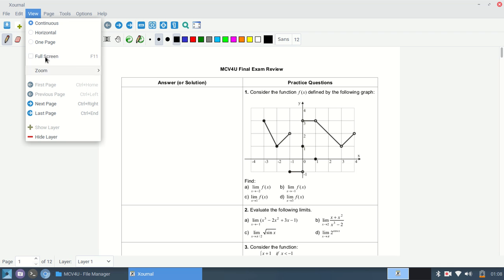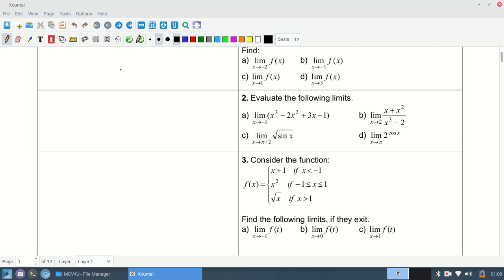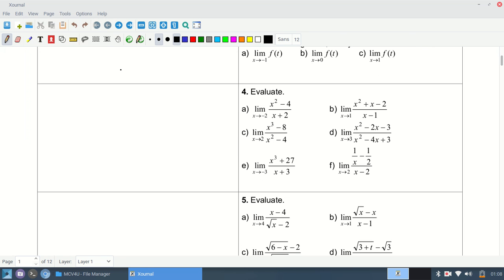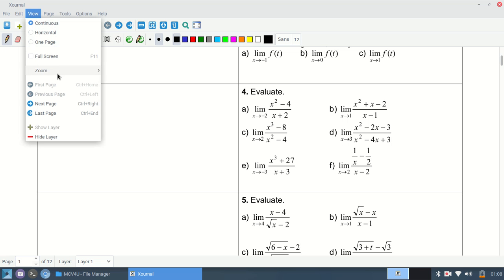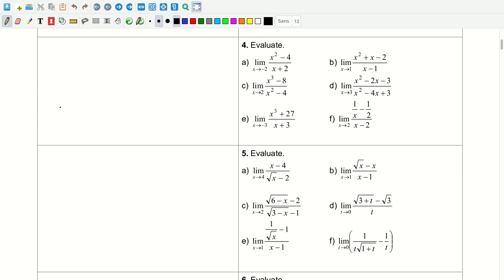Actually, I should zoom in first. Zoom, Control plus plus. Okay, let's try this again. I guess I'll just erase things manually. Okay, so we did part A. So now we're going to do part B. Thanks for sticking with me.